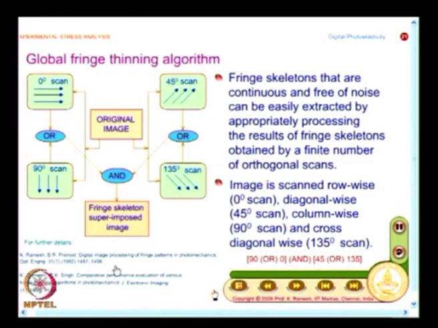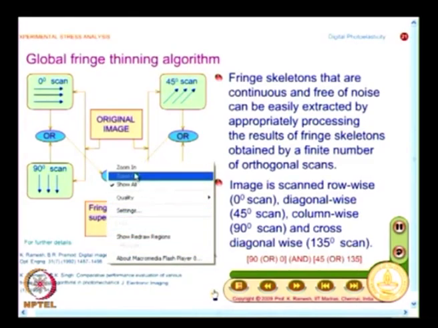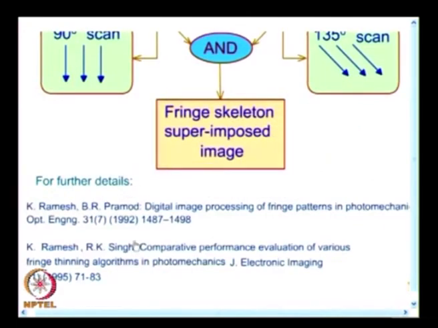And if you want to get further details, you could look at these references. These were essentially published in the 1990s, and the first paper deals with the essence of this algorithm.